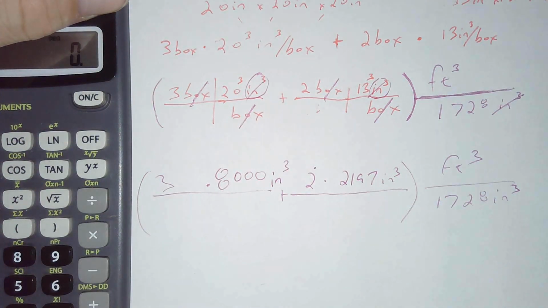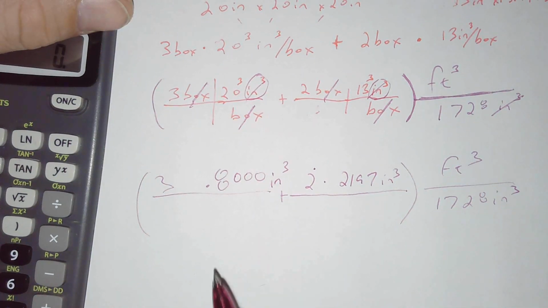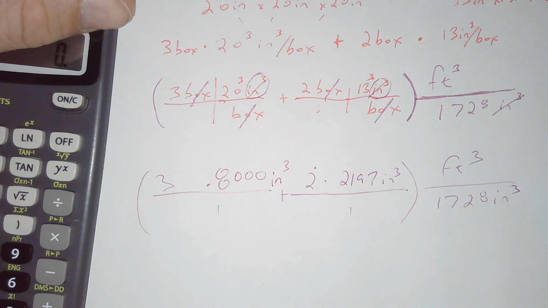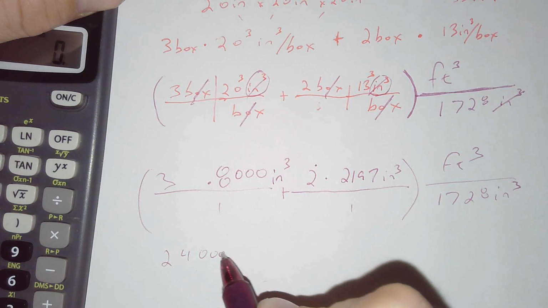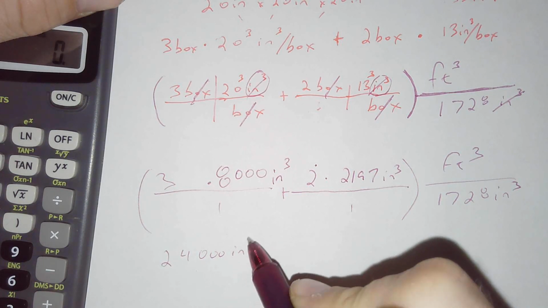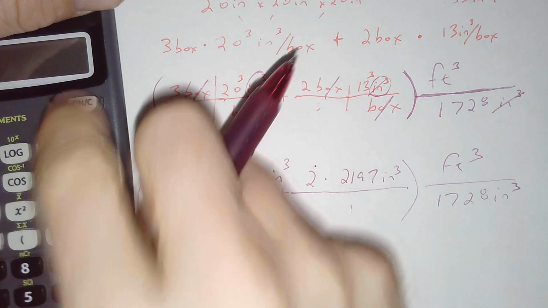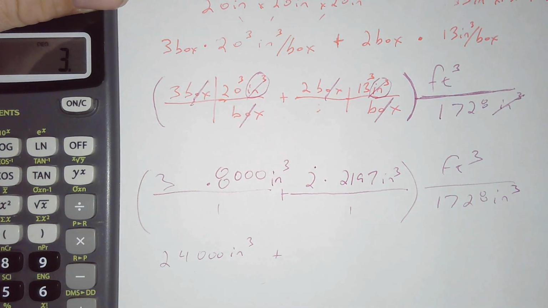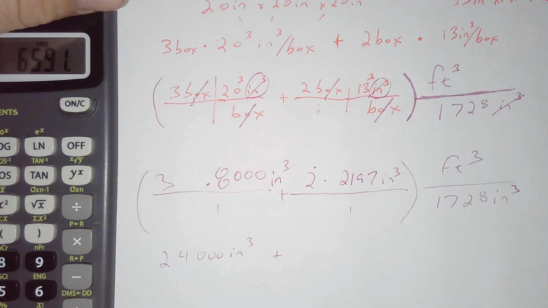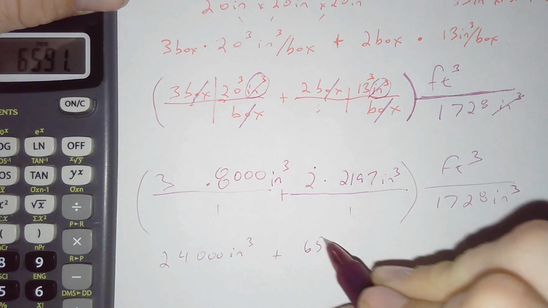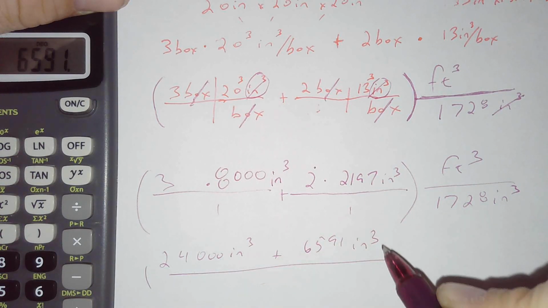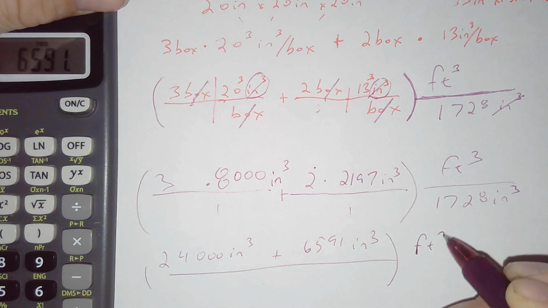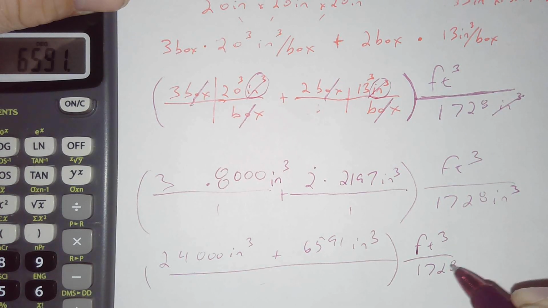All right, so now I'm going to do 3 times 8. This is all over 1. So 3 times 8 is 24,000 inches cubed plus 3 times 2197, which is 6591 inches cubed, all over foot cubed over 1728 inches cubed.